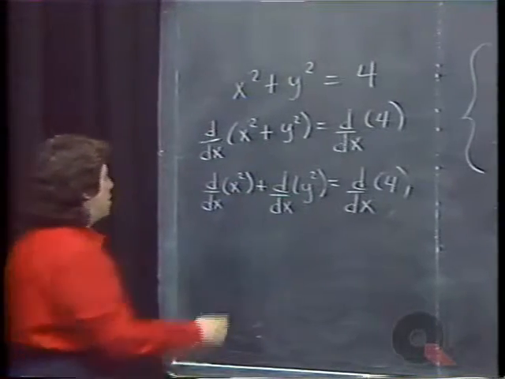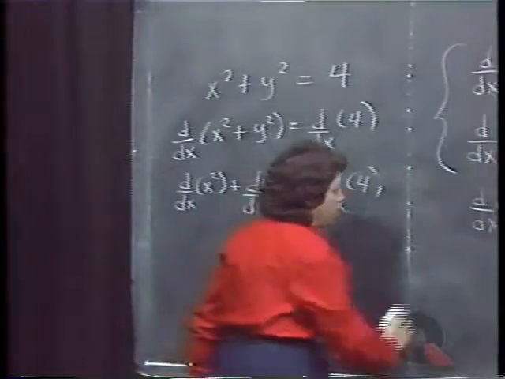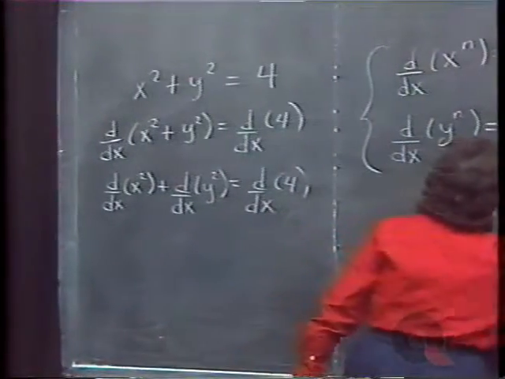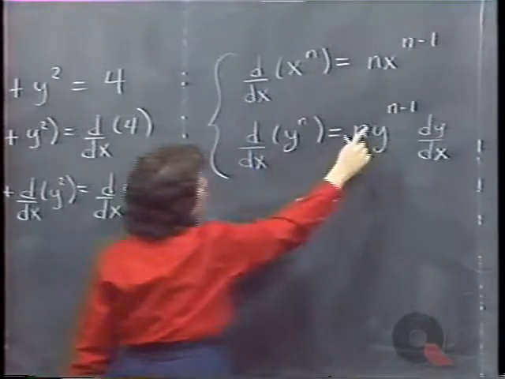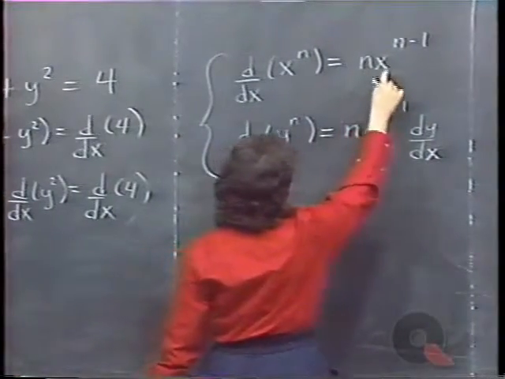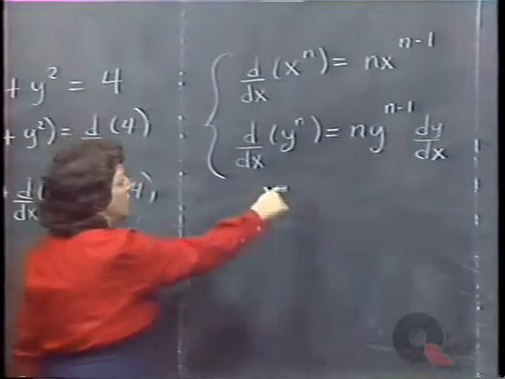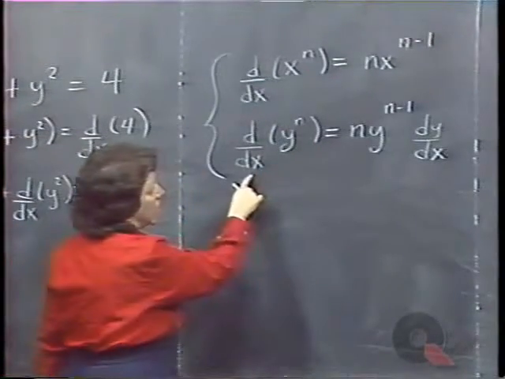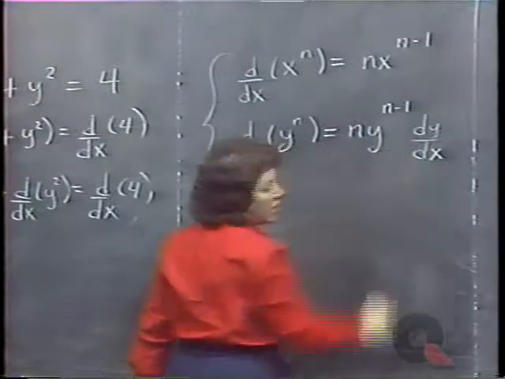Now, the derivative of x squared with respect to x. Let me remind you, the derivative of x squared with respect to x will be just 2x to the first power, or 2x. However, the derivative of y squared with respect to x will be 2y to the first power dy dx.